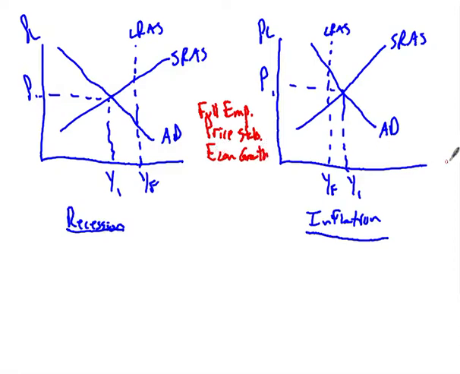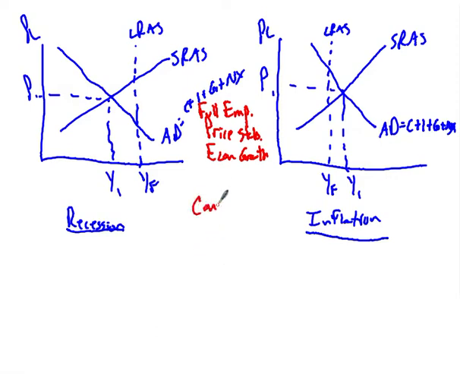All right? And so if you remember, let me draw this in again. This is C plus I plus G plus NX, and same over here, C plus I plus G plus NX. And so monetary policy, the Federal Reserve controls the money supply.